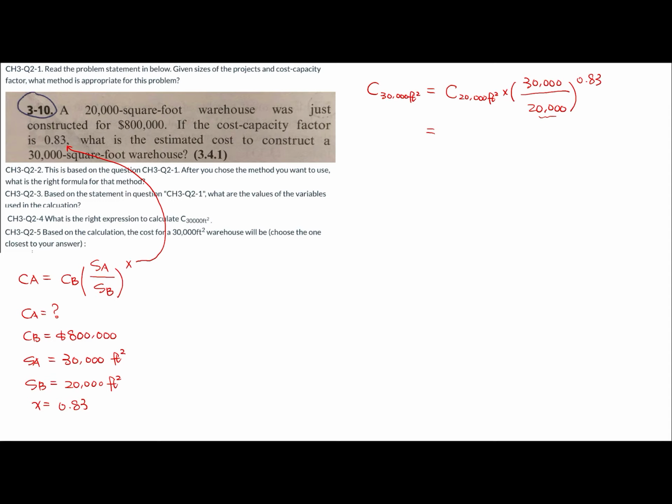And you substitute the letters by the values. It's going to be 800,000 times 30,000 over 20,000 to the power of 0.83. Your answer for the estimated price of the larger warehouse is going to be 1120071.46.